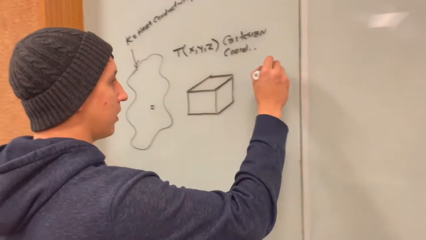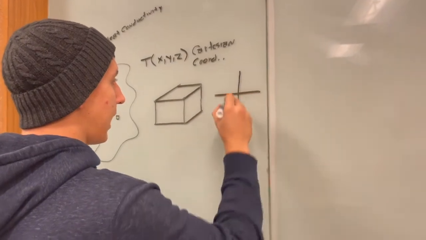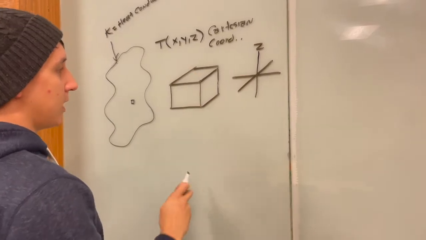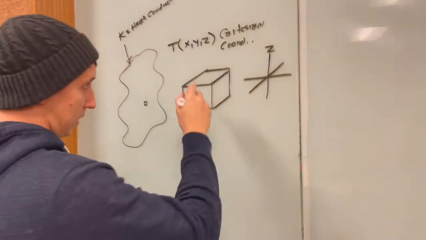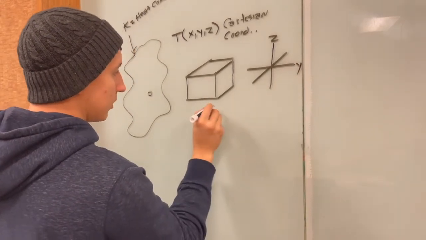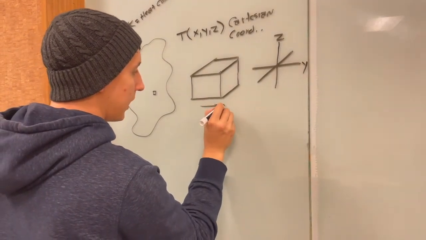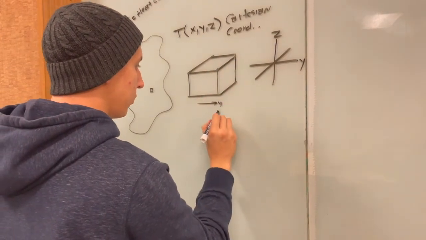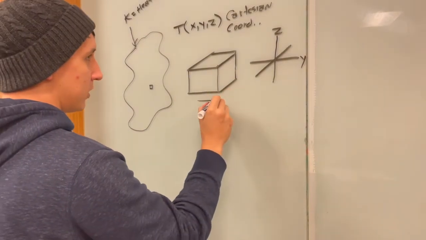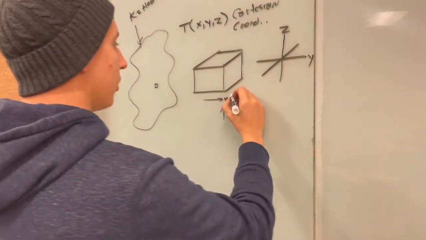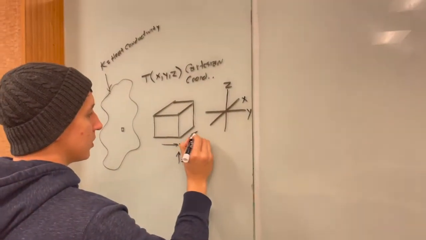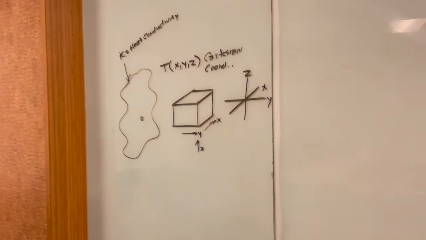If we were to define our Cartesian axes like this, z going straight up is the z direction, and then we could say that's y and that's z, and then we could call this x. It doesn't matter as long as you're consistent, honestly. As long as you're consistent, it works.